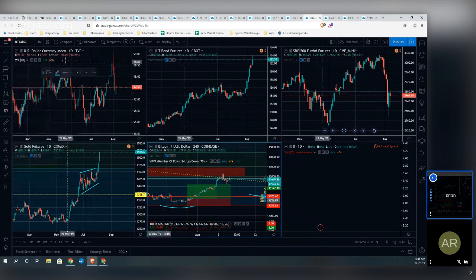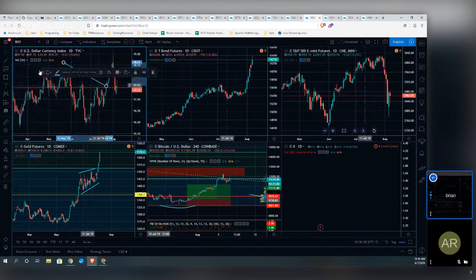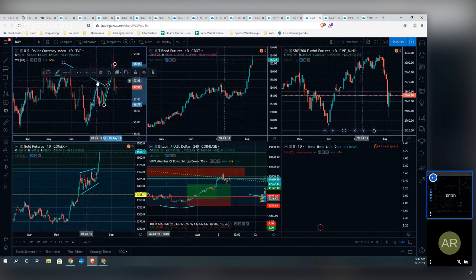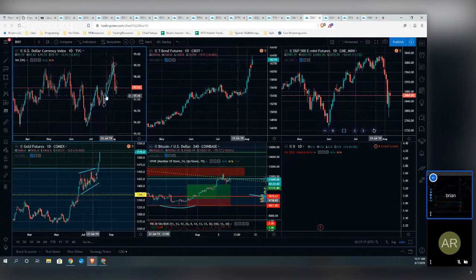We originally had a very tight coil developing here, and the coil broke out to the upside. And interestingly enough, if we AB equals CD that breakout, you can actually see that they took the market right into that AB equals CD objective following the Fed announcement. So ironically enough, price action-wise, not really anything new here.